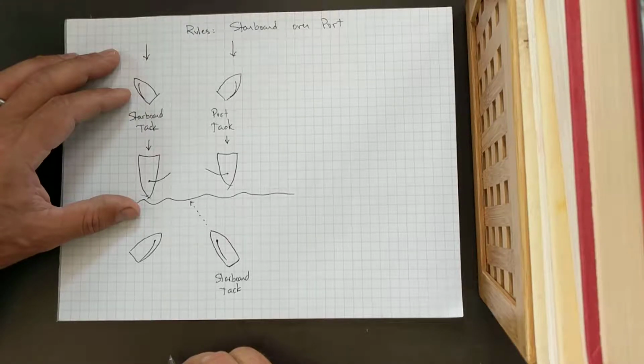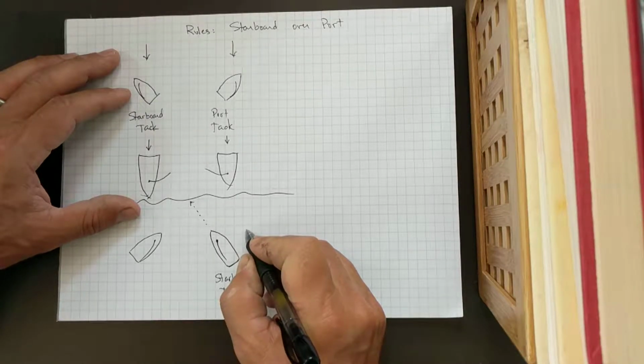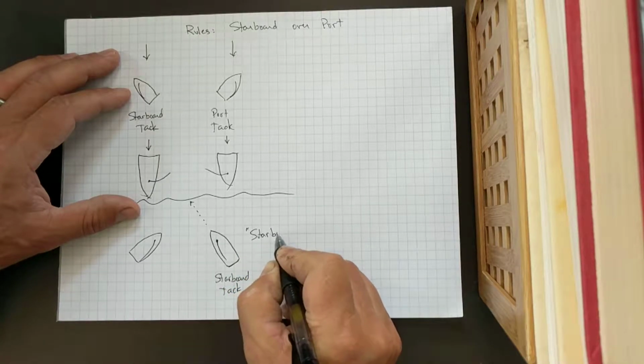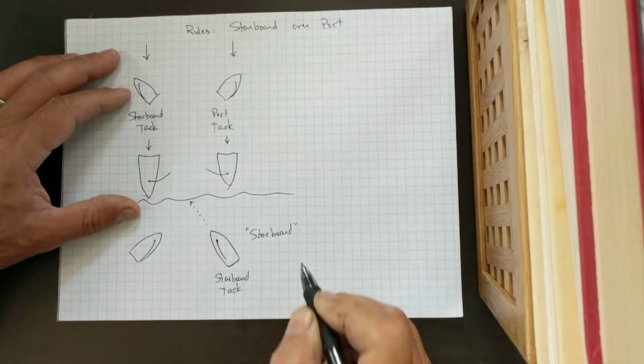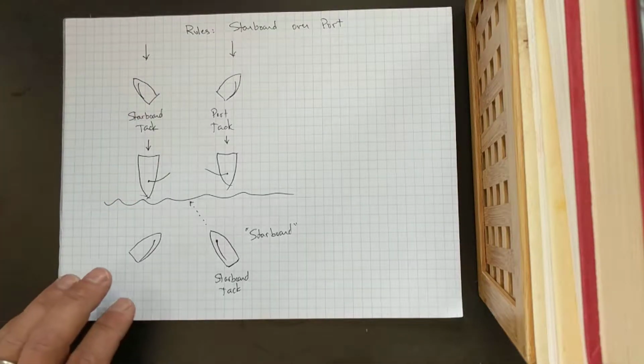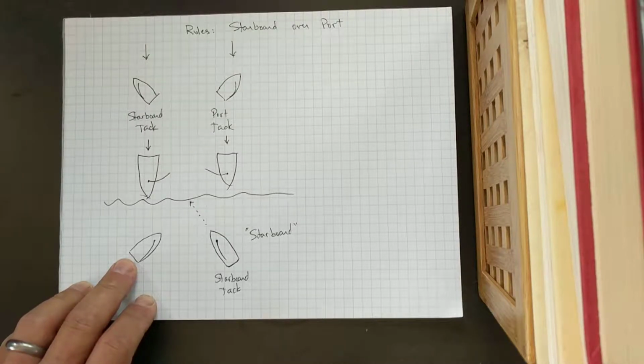Sometimes there's a hail involved where you just yell starboard. Similarly, if you're on port and you hear somebody yell starboard, it's a good thing to look around and see who you have to avoid.